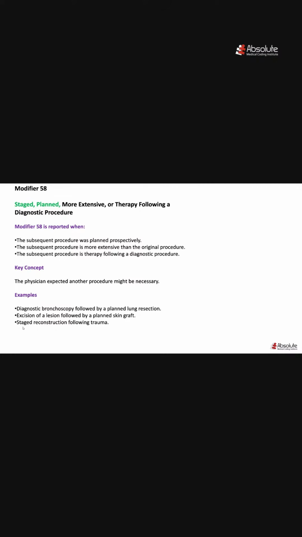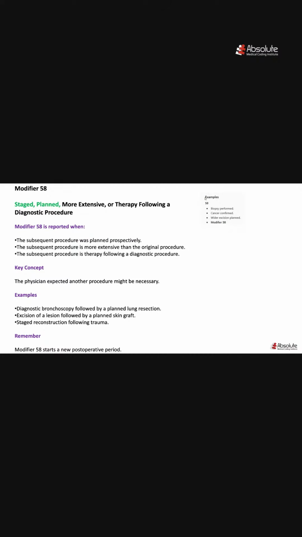And a staged reconstruction following trauma. So a lot of procedures you just can't carry out at one time, right? And I'm going to give you some examples of procedures that take stages. But remember this, modifier 58 starts a new postoperative period or new global period.